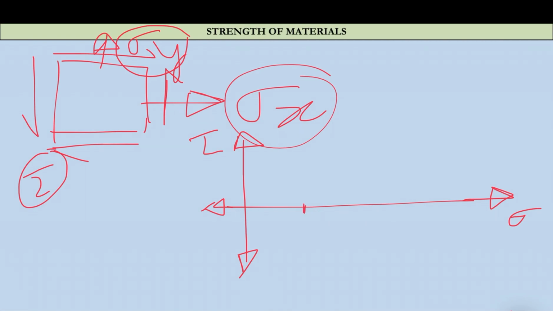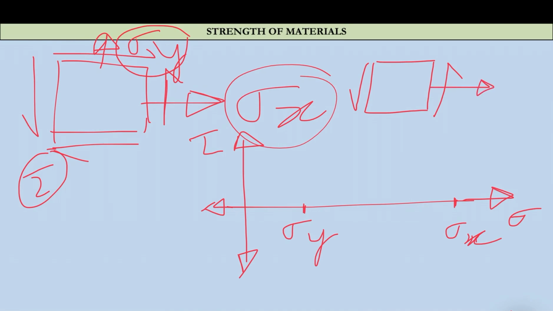Next, what we have to see, let us say sigma x is greater than sigma y, so we will put the values of sigma x and sigma y respectively. Now what we have to see is the accompanying shear on the x plane. This is your sigma x, and it is trying to rotate this element in anti-clockwise direction.